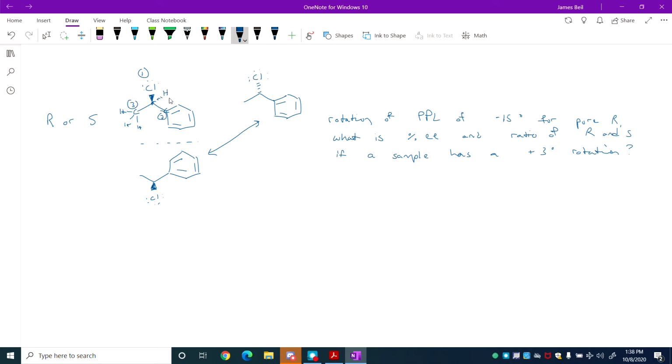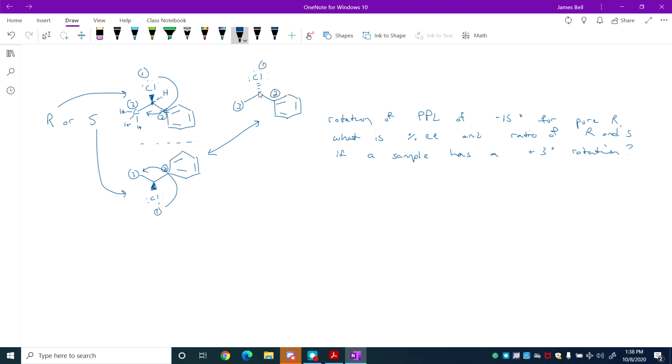And when the fourth priority group is pointing behind, if I go clockwise, that determines that configuration is an R. If I have the mirror image and I do the same analysis, the priorities of the groups are not going to change. This one ends up being counterclockwise, so that one is an S. If I were to look at this structure here, same analysis.